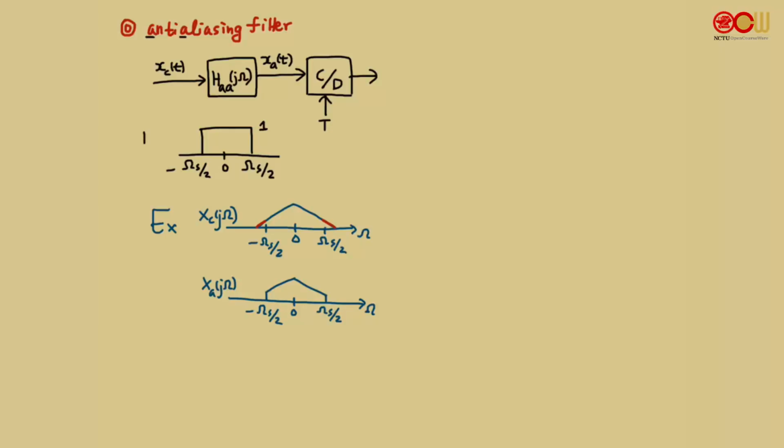Such an HAA j omega is an ideal low-pass filter, so it's actually an ideal anti-aliasing filter, an ideal brick wall filter.